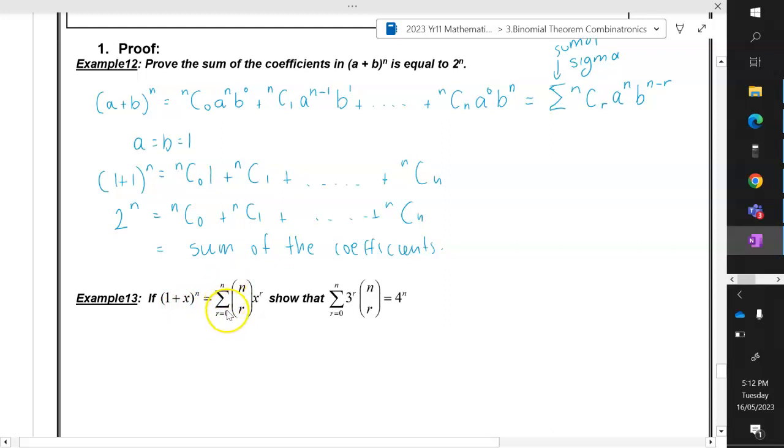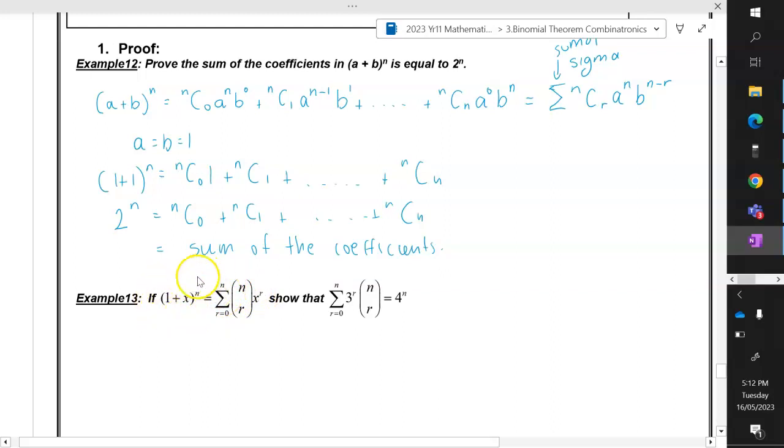That just means our first term would happen when r is equal to 0, and that would be nC0 x to the 0. Our second term would happen when r is 1, so we'd get nC1 x to the 1, all the way up to nCn x to the n. So all that sum is doing is showing us a shorthand version of an expansion.